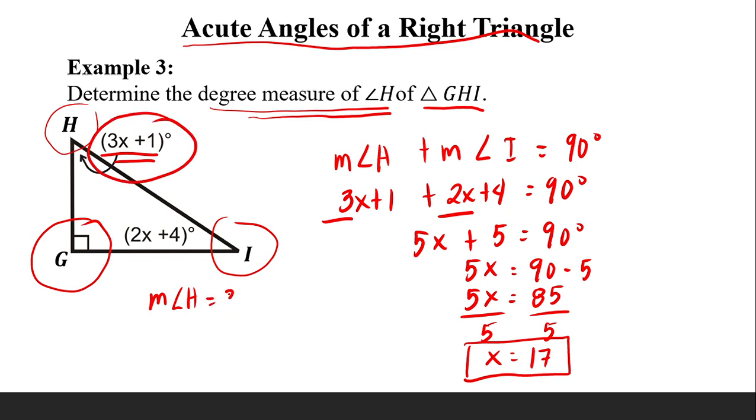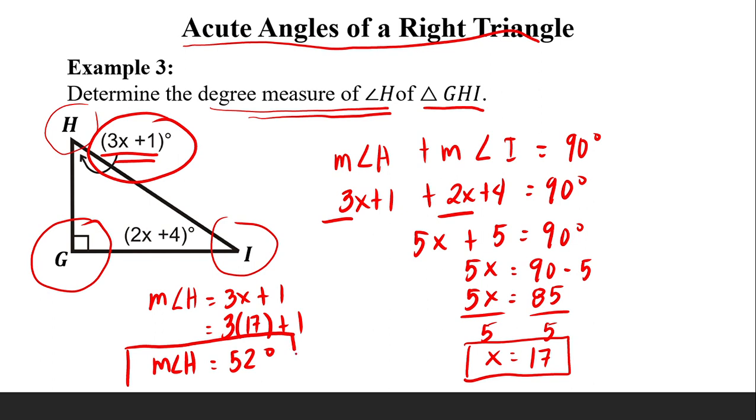Our value of x is 17, so it becomes 3 times 17 plus 1. 3 times 17 is 51, plus 1 is 52 degrees. So measure of angle H is 52 degrees. We are able to answer the last example for this problem.